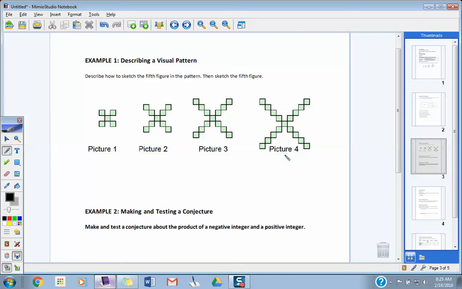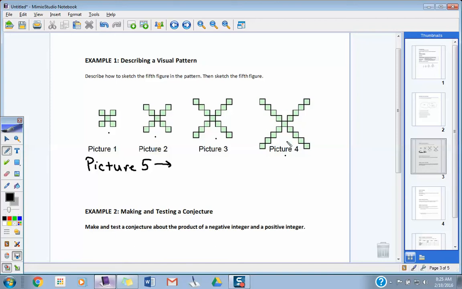So to draw the 5th figure, picture 5, in your own words, Gavin, what do you think you want to do here? You said add a block to the corners, right? So basically you're saying if this is picture 1, this is picture 2, picture 3, picture 4.